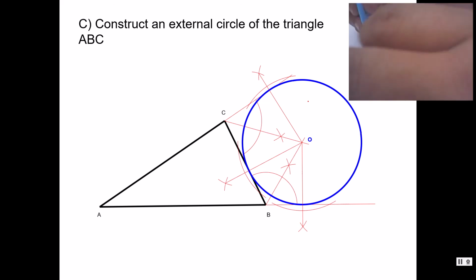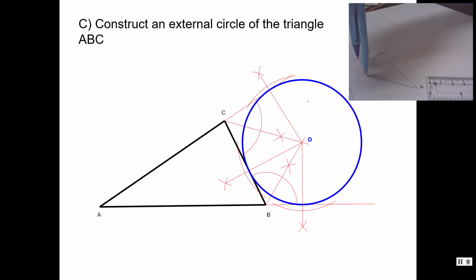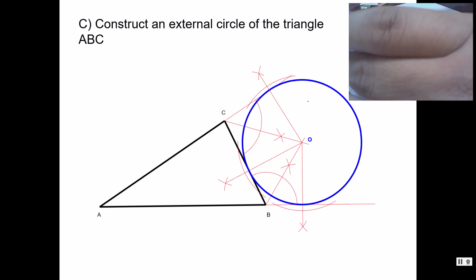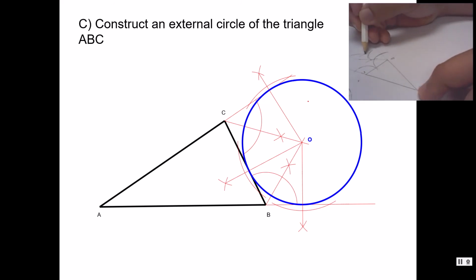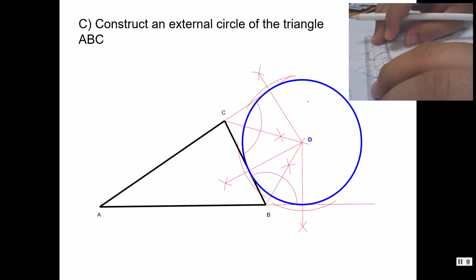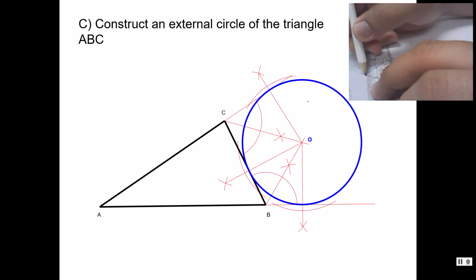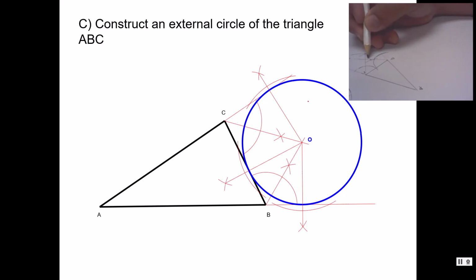Again, we're going to do the same for point C. Okay, so now this is the point of intersection between these two bisectors.